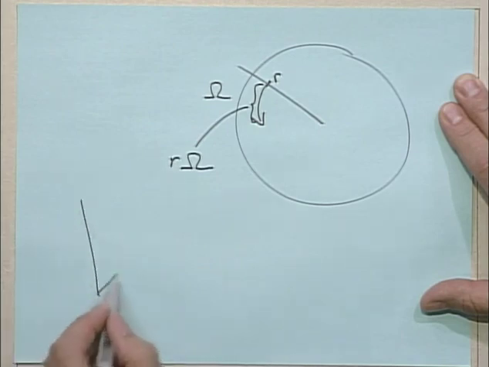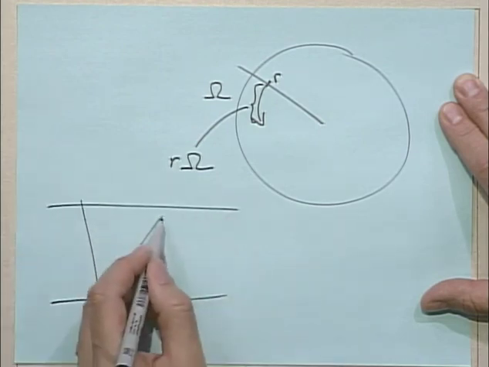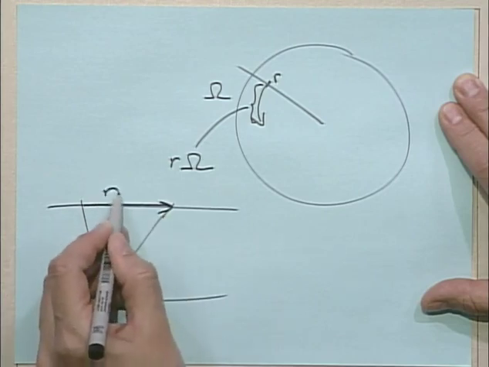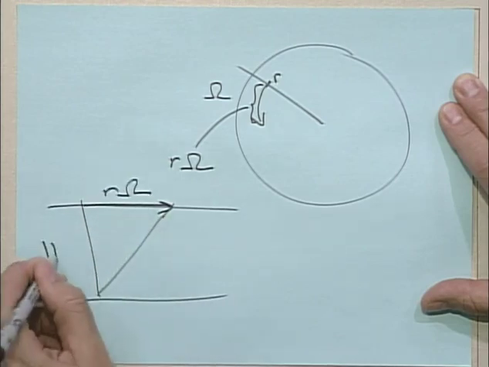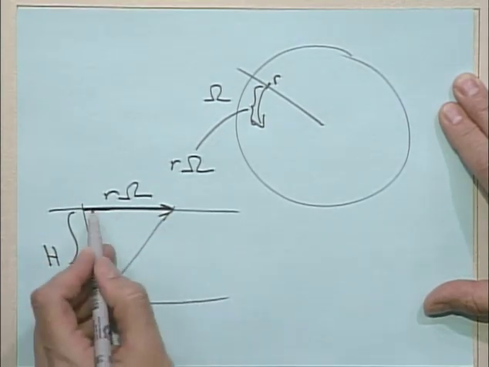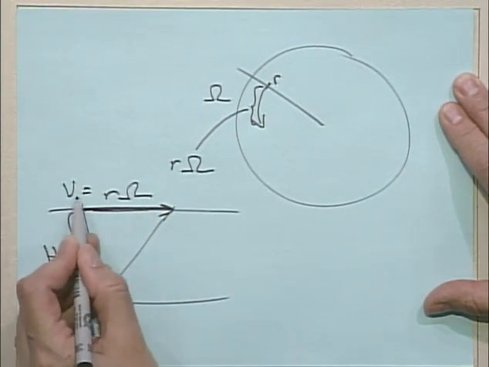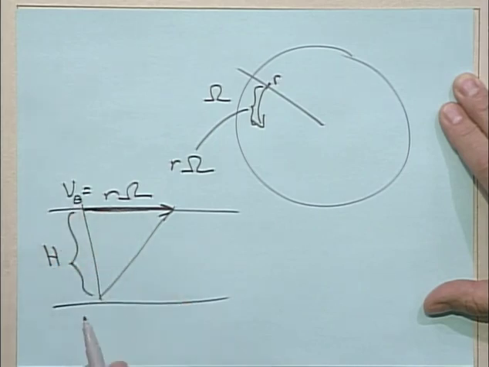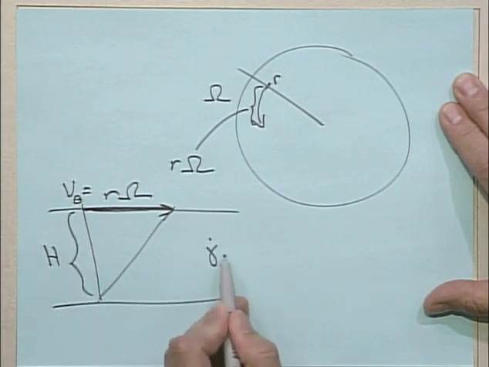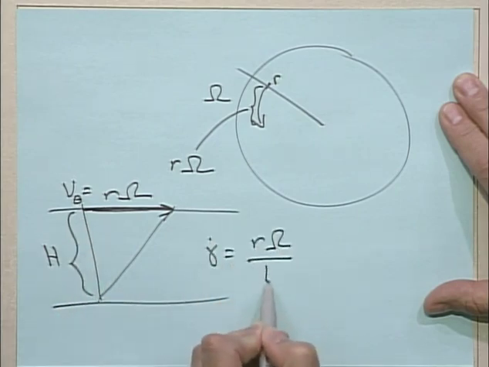So if I translate that into the shear flow, that's this distance, and this is the gap h. So this is moving along with a velocity equal to r omega, and this is the gap between the plates, and so gamma dot is equal to r omega over h.